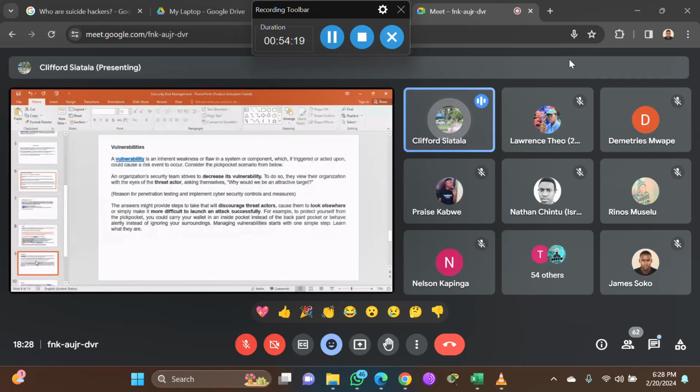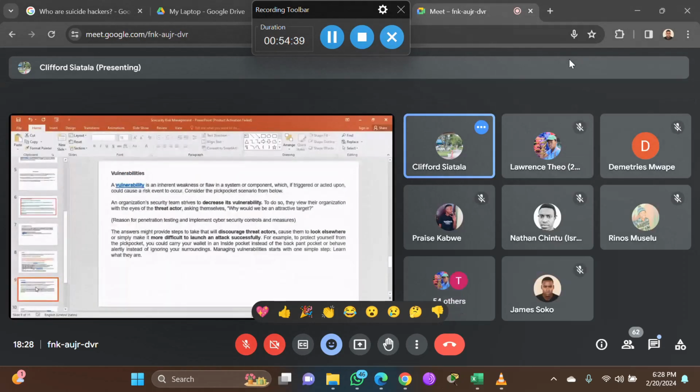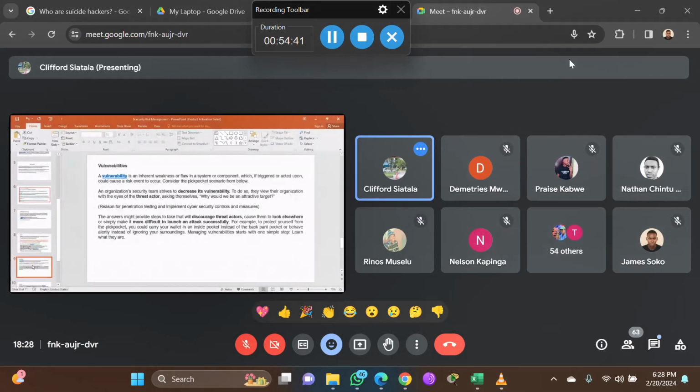A vulnerability is an inherent weakness or flaw in a system or component, which if triggered or acted upon would cause a risk event to occur. As a cybersecurity person or team, we have emphasized that you strive to decrease these vulnerabilities.